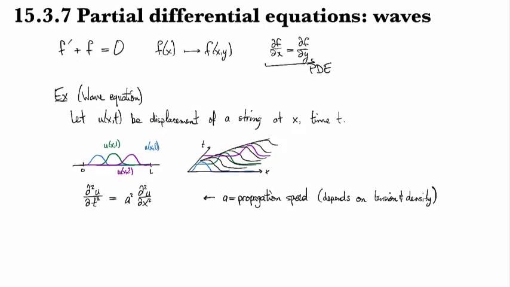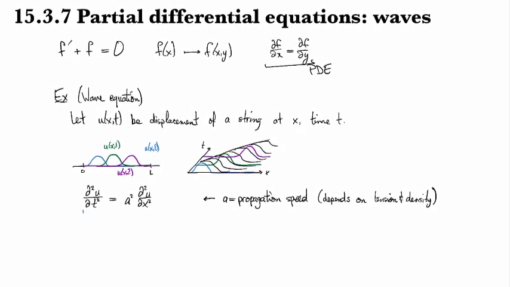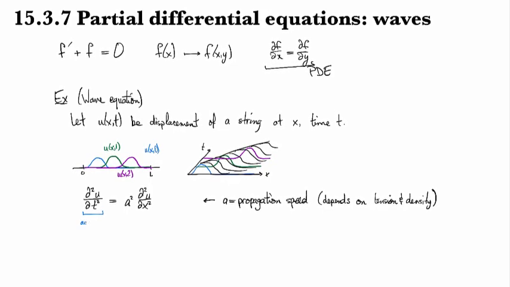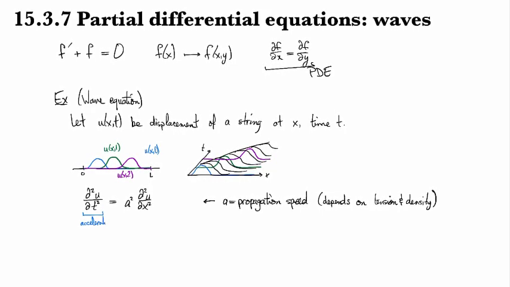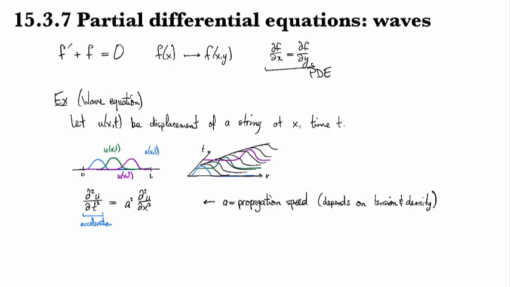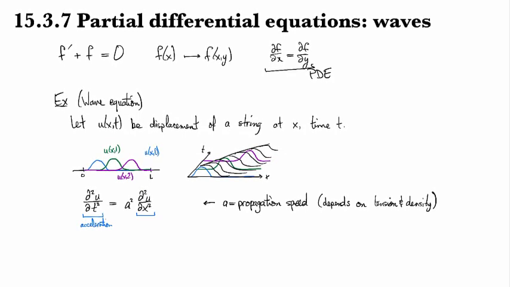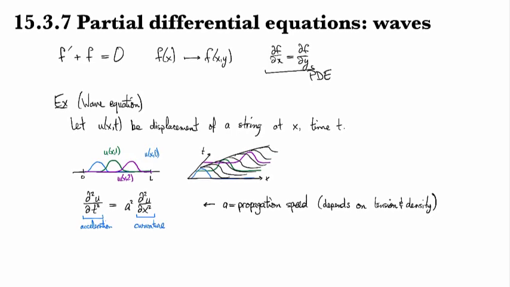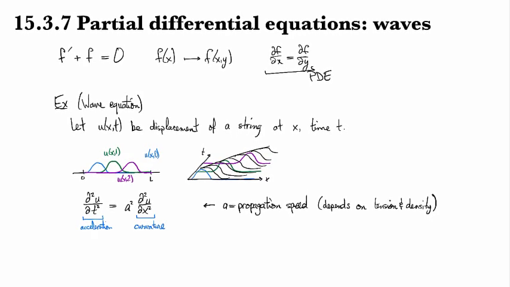So it's how quickly the vibration moves along. It's interesting to note that on the left side, the second time derivative of something is acceleration. The second space derivative of something is curvature. So this is telling us there's a relation between acceleration and curvature.